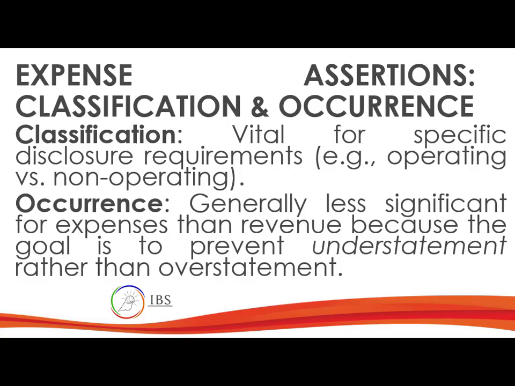Recognize, put it in the journal. Here, occurrence is not really a significant one. Why? Because if you ask me, it's better not to recognize expenses. Am I correct? But occurrence here is saying all the expenses that they reported had occurred or happened. So this is not really a big assertion that you need to test.